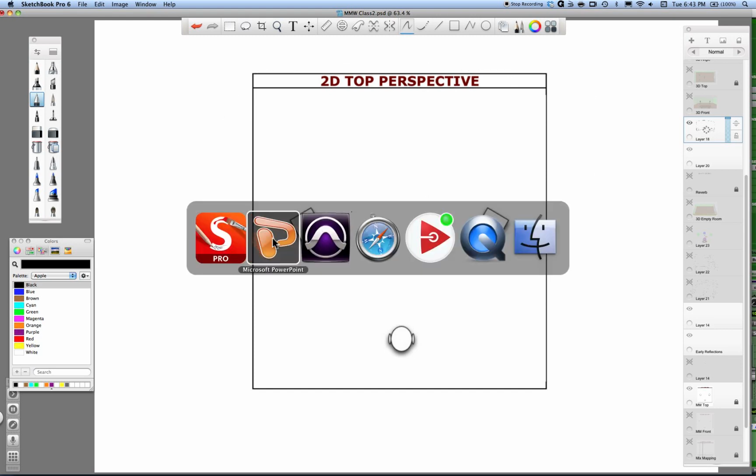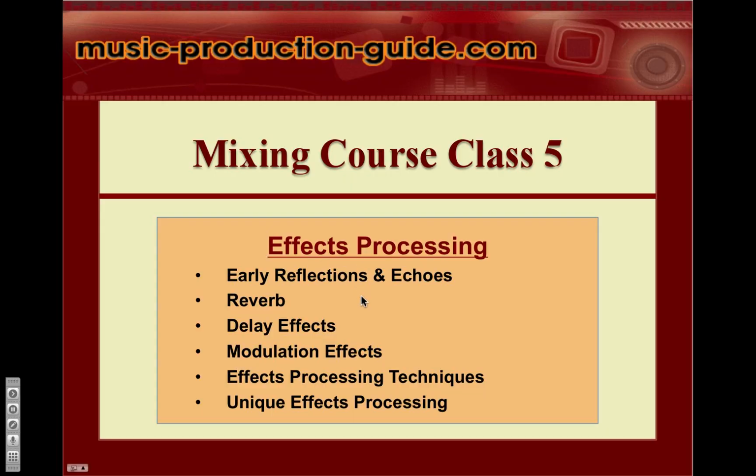So that's the way that you use these different types of effects, and some unique kinds of effects processing. They all are typically used in conjunction with other things like EQs and filters and compression to help focus them and give them a particular placement. The timing and the musicality of the effects processing is critical to making it work.